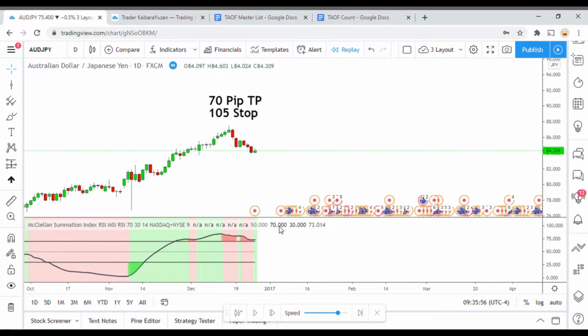And so it's basically an adapted version of an RSI. Instead of reading off of the standard calculations of the RSI, it is reading off of the McClellan Summation Index.